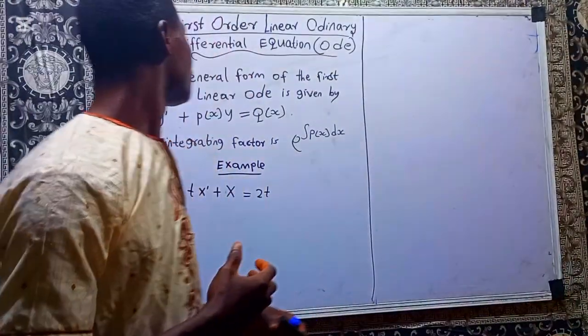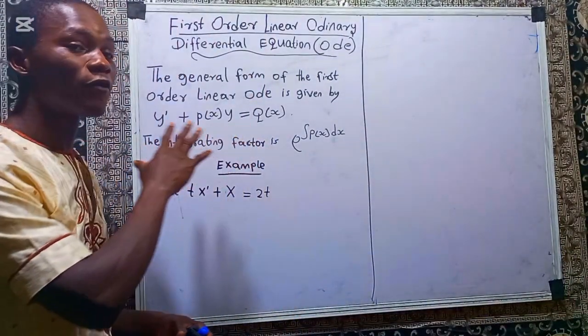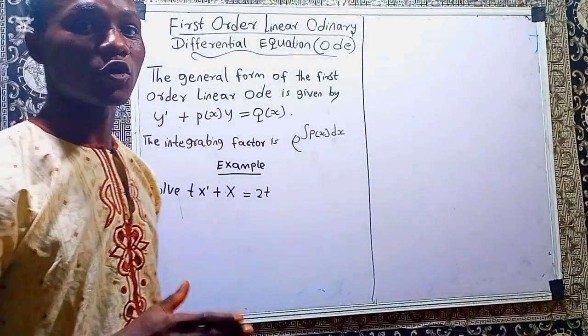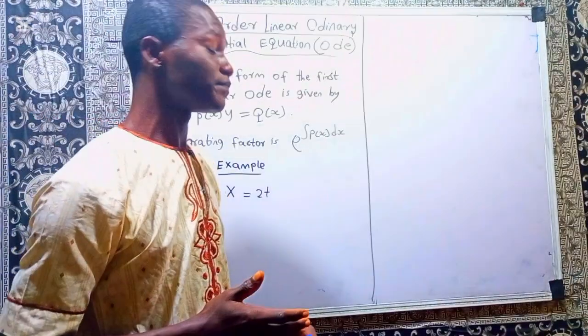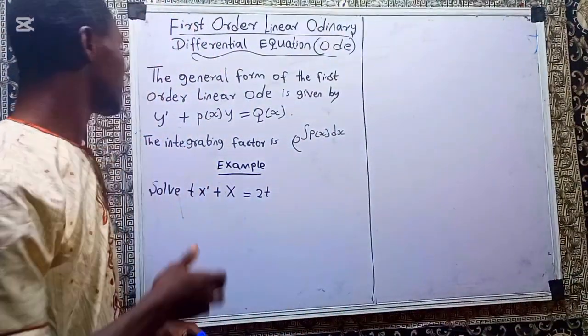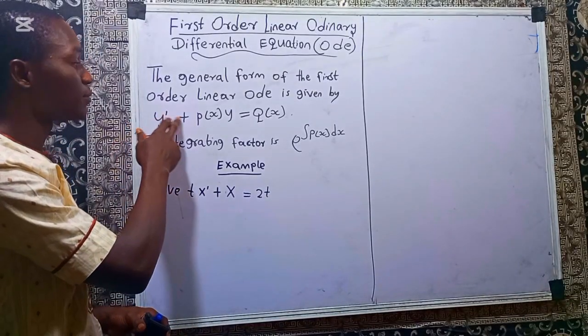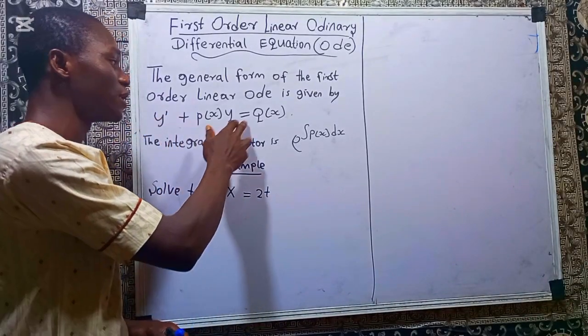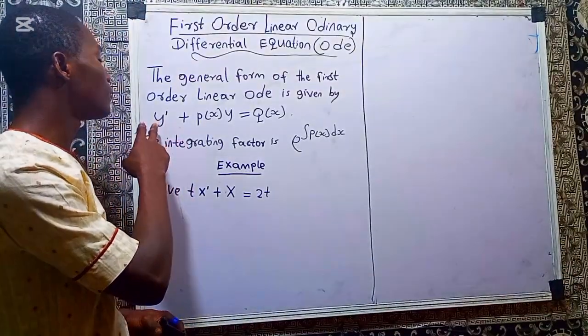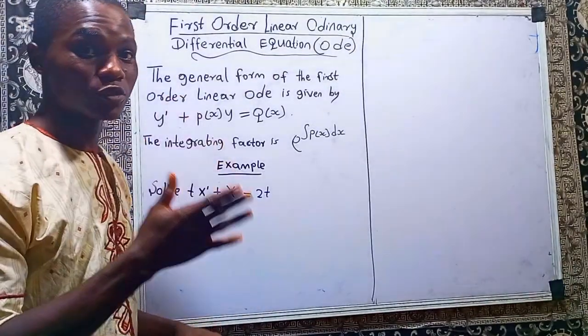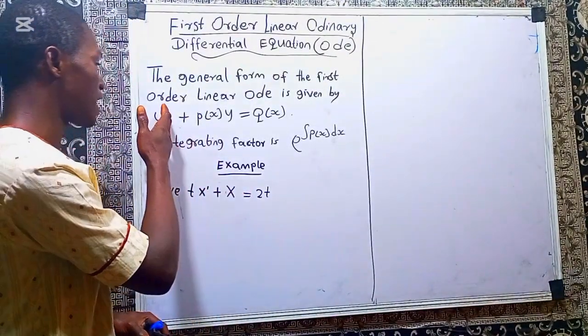So we have the general form of the first order linear ODE. The general form of first order linear ODEs is given by y prime plus p of x y equals q of x. Now the dependent variable is always the one having the derivative sign.